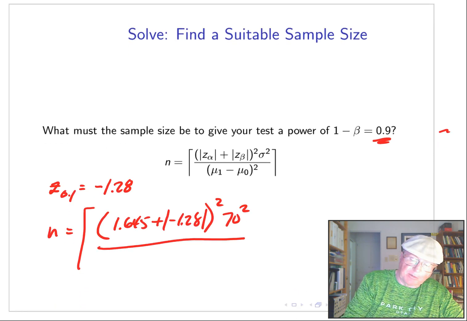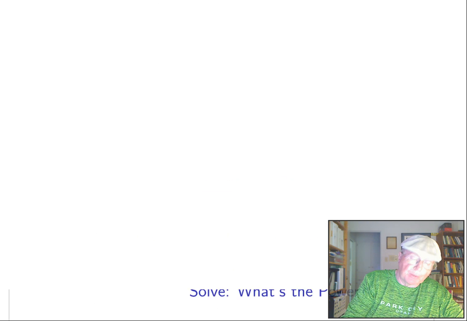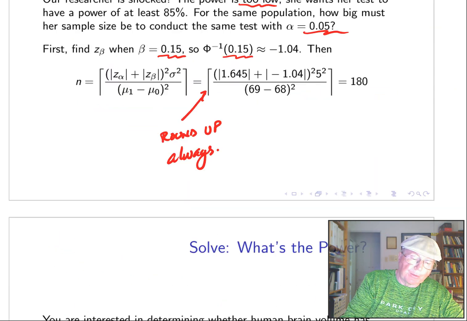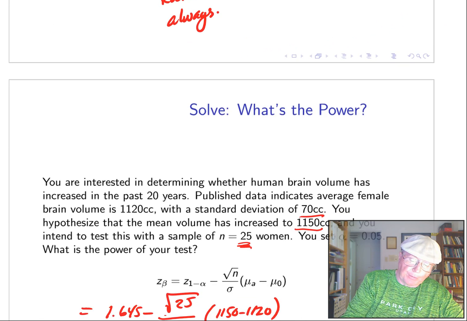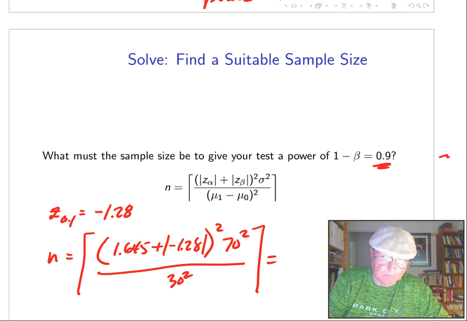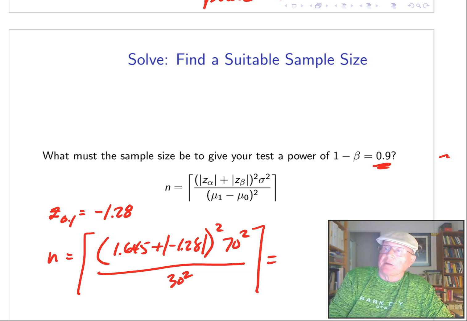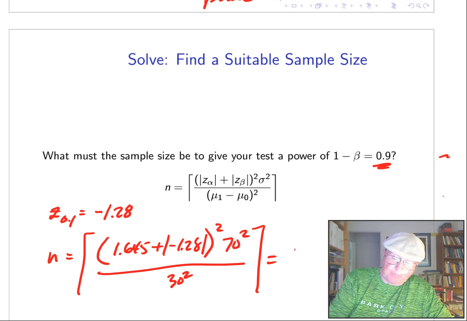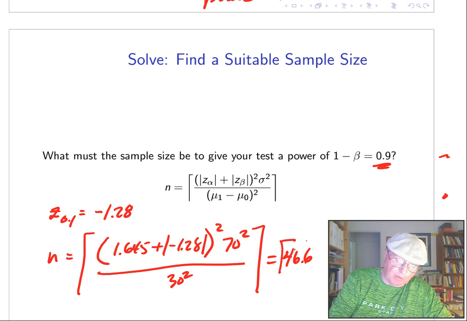And we'll divide by our difference squared. Our difference, I believe, was 30. Let's check it out. That gives 46.6. Of course, we're going to round that up. We need a sample size of 47.